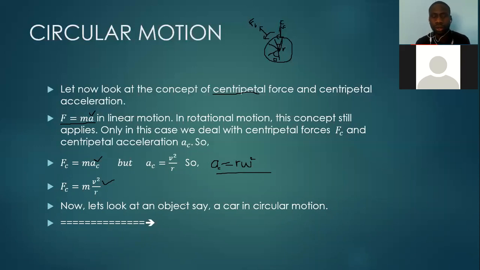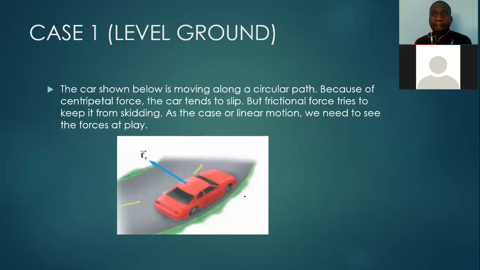So now let's look at a diagram that can help us understand and appreciate this concept. The car shown below is moving, of course, in a circular path. Obviously, I'm sure you have seen a car move around a roundabout.